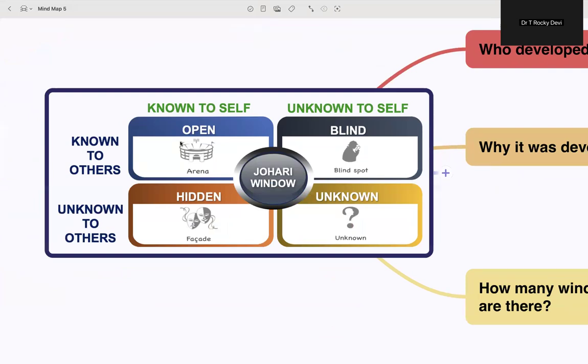I'll give you an example. In a class, you can do an activity where you call out two friends, Mr. A and Mr. B, and ask Mr. A to talk about Mr. B. When Mr. A talks about Mr. B, he says B is very friendly in nature and always has a helping tendency, but he is very slow in doing his work, and he does his assignment but does not submit on time.